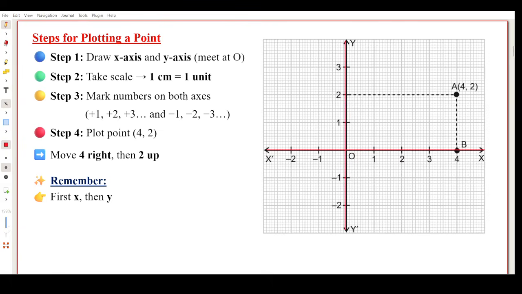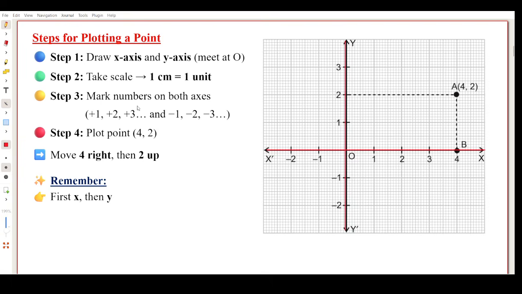Now the scale. Mostly we can choose one box, 1 centimeter as 1 unit on your graph sheet. You can see the thick line, and you can mark it as 1, 2, 3 boxes. One square box is 1 unit. The scale you choose depends on your opinion.